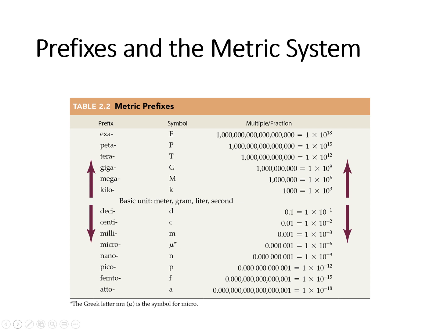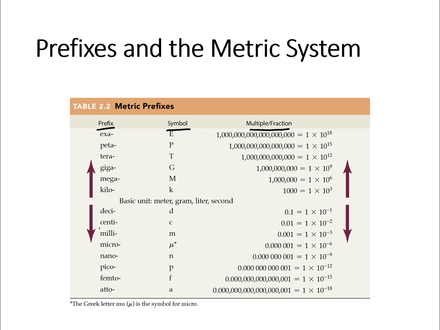So I wanted to take a minute to go over the information that's in this table. So we have the prefix itself, right? So what you would be writing if you were writing it out. Then we have the symbol, and then the multiple or the fraction. So let's go with something that we are already sort of familiar with and walk through the table.